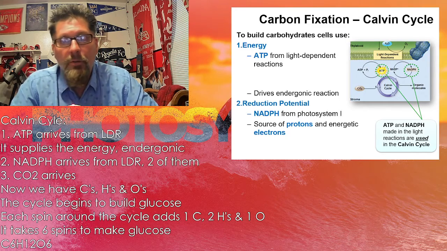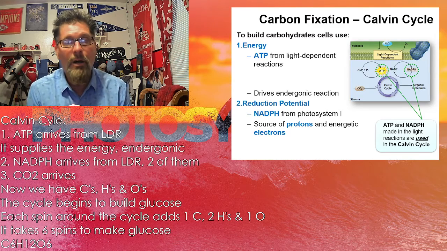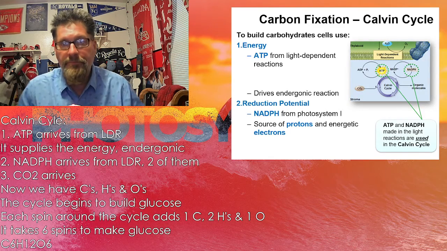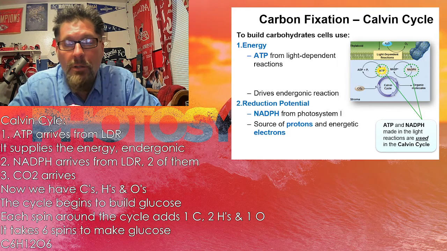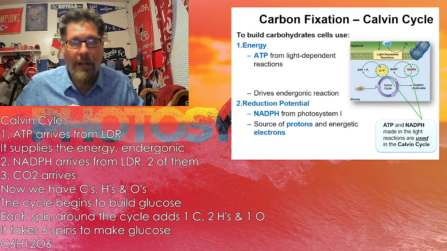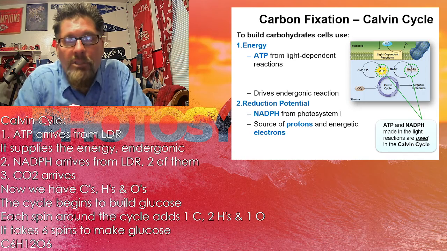Part 2, we want to think about the NADPH arriving from the LDR, and there are 2 of them for each cycle because we've got to get 12 H's, and so we just need 6 C's and 6 O's, but we have to have 12 H's. So if we're going to bring 1 at a time for each cycle, then we've got to add 2 each cycle.